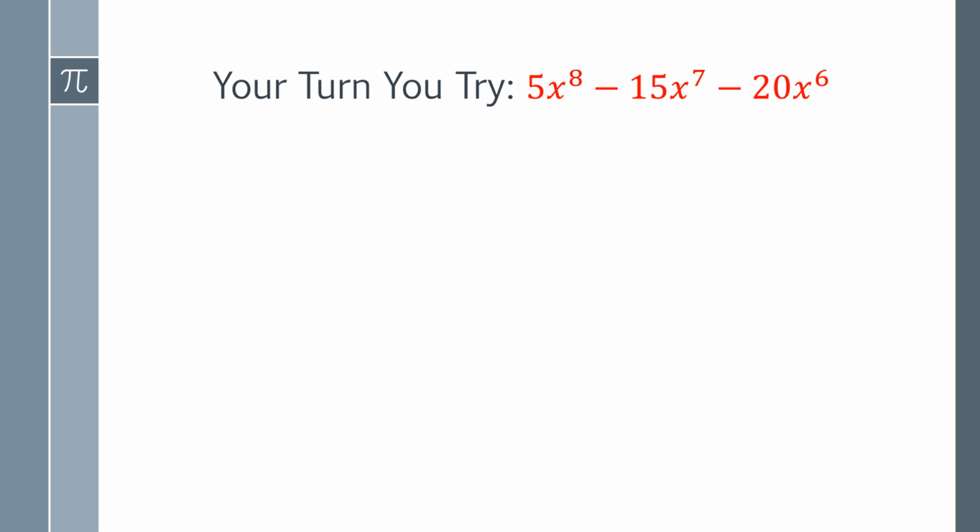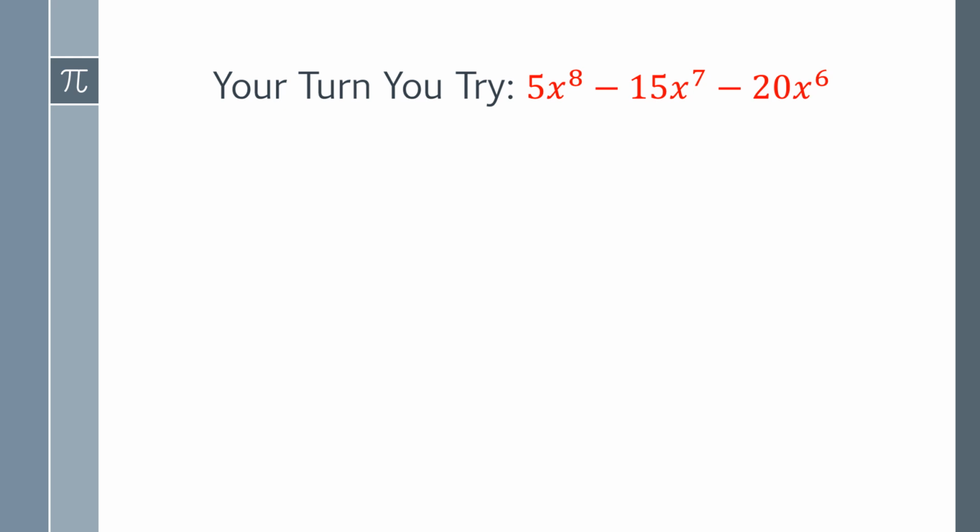All right, now you try this one. Pause the video and try this. All right, I trust that you have tried this problem on your own, because you're trying to make sure you master it.